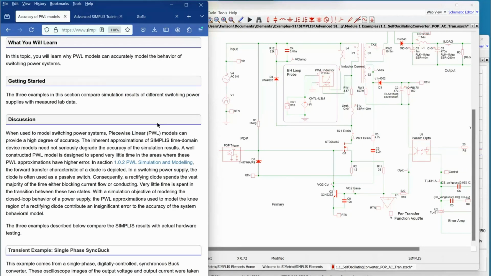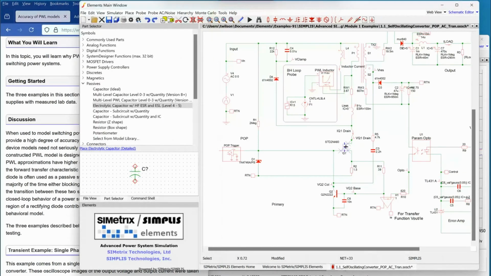For any given system, you can do little experiments to see, for certain Bode plots, how complex do I need my switch models? What do I need for my capacitor models in order to get good, accurate results?